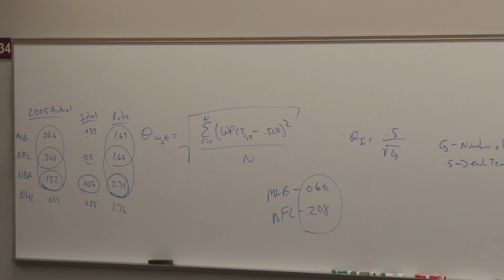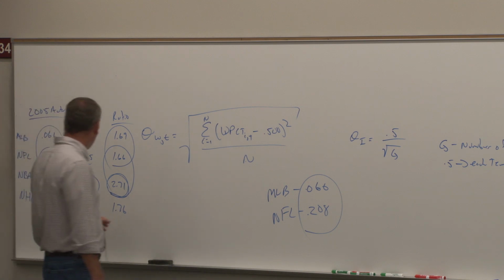How many people are on the court at one time on the team? 5. So if one of those persons is bad, 20% of your team sucks, right? In football, if one of the people is bad, 9% of your team sucks. In Major League Baseball, if you got one guy that's bad, 11% of your team sucks, right?